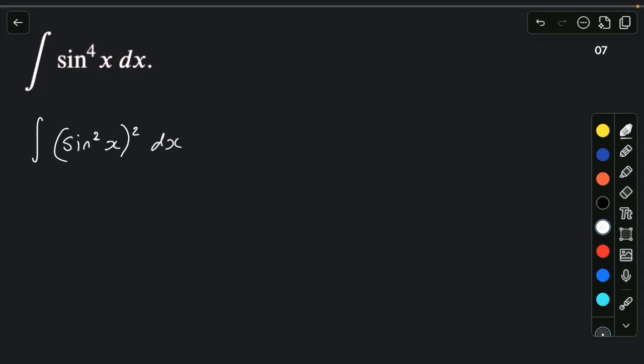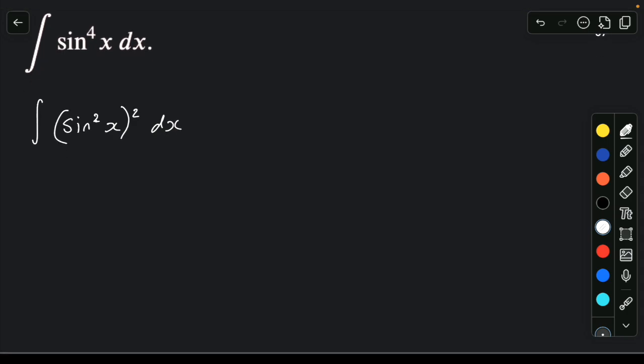But just to make things a bit more simple, I'm just going to use the other form of it. So I'm going to say we're going to get the integral of a half minus a half cos 2x, squared, dx.